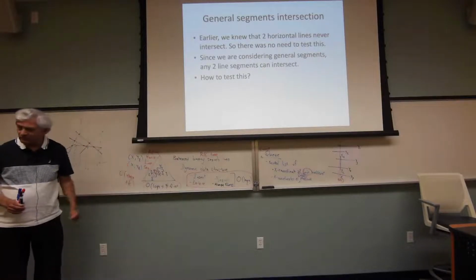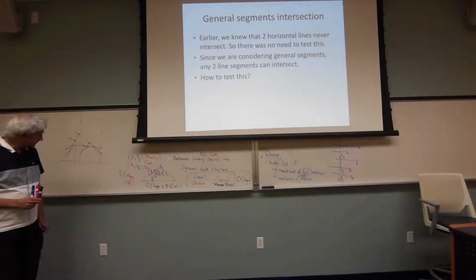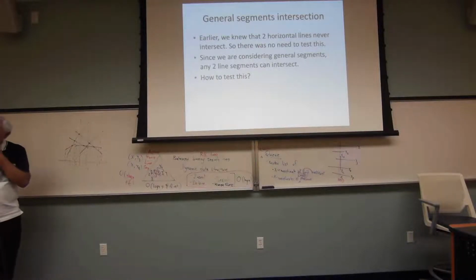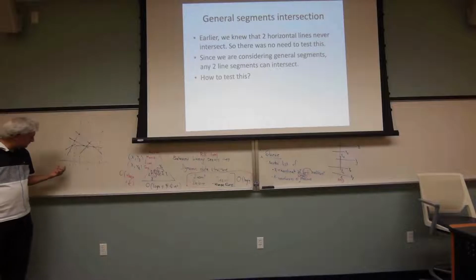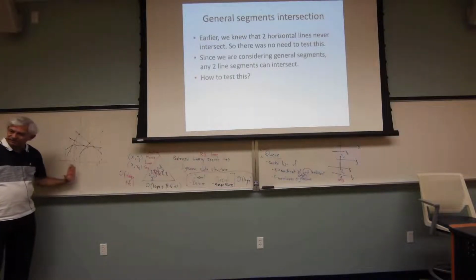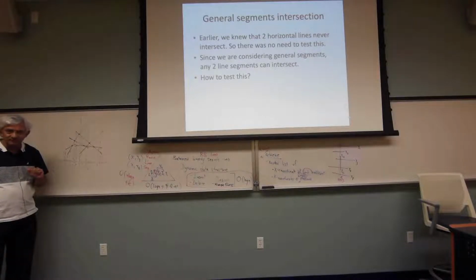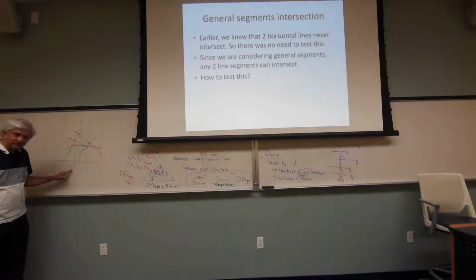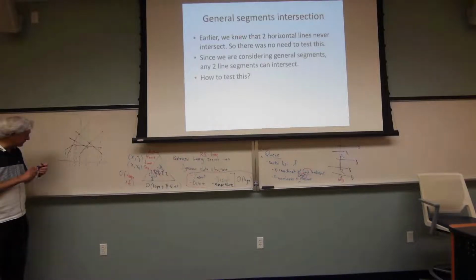I still have to tell you about this guy. The other thing that's different here is that the intersection doesn't happen at just these event points. This intersection is between this event point and this event point. That's not good.